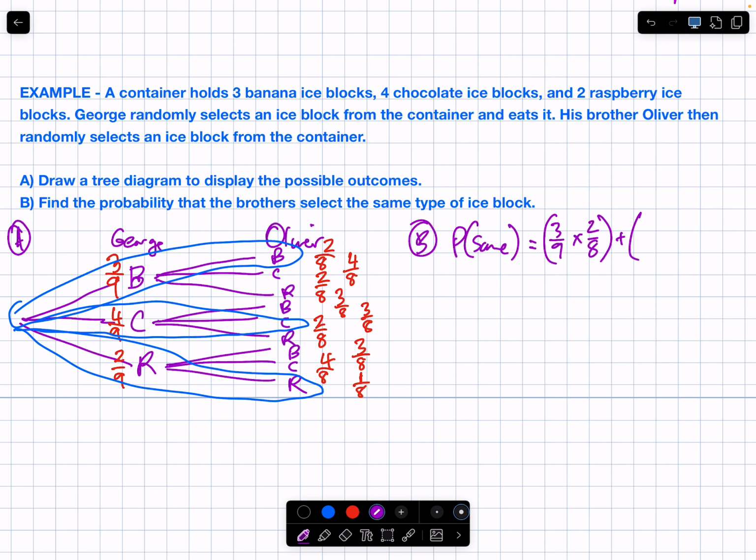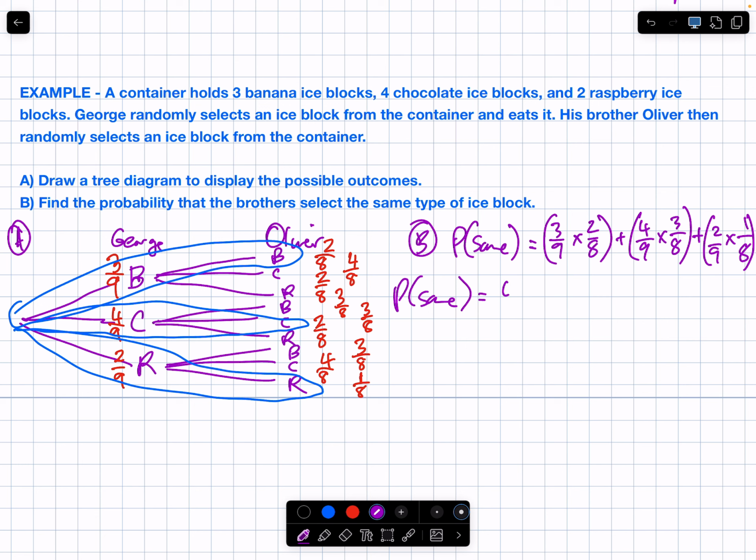What's the chance of getting a chocolate, the first choice? 4 over 9 times, what's the chance of getting the chocolate second? I think it's 3 over 8. Plus, then the last one, chance of going down, 2 over 9 times 1 over 8.